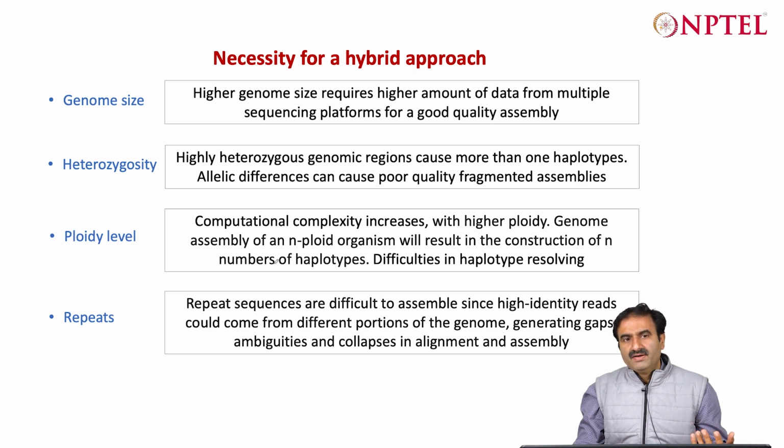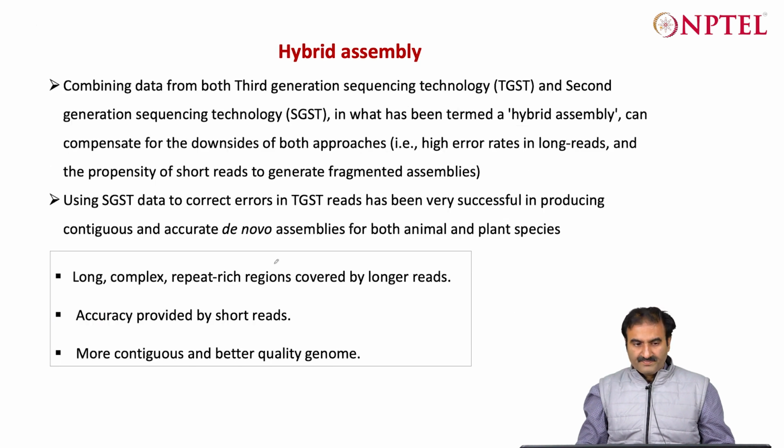And then it could also be too big a genome, the genome size, or it could be a highly repetitive genome that will also interfere with the process of assembly. And that is why we need both long and short reads, because that way repeats we can resolve by longer reads, and for heterozygosity, we can get a better idea of what base pair should go into the consensus sequence by the shorter reads.